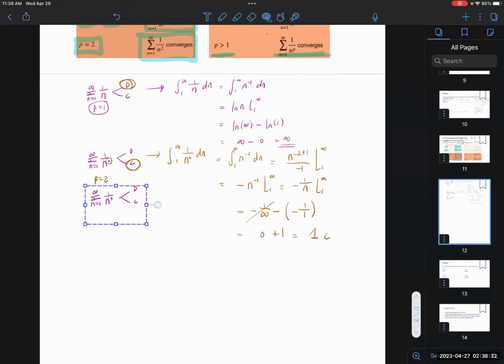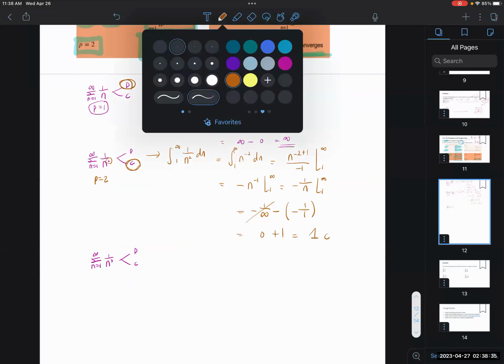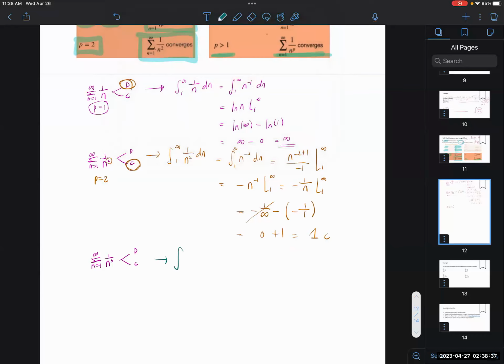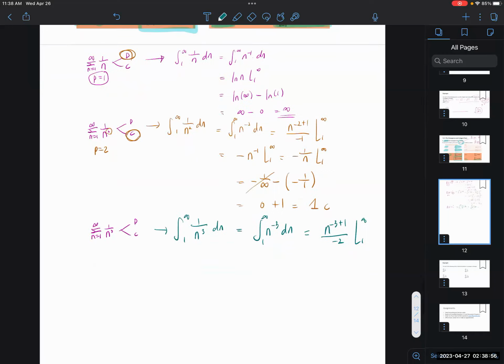Last one, let me take a look at this. I'm going to take the integral test, 1 over n to the third, dn. So this is n to the negative 3 dn, 1 to infinity. Take the integral: n to the negative 3 plus 1 over negative 2, 1 to infinity.